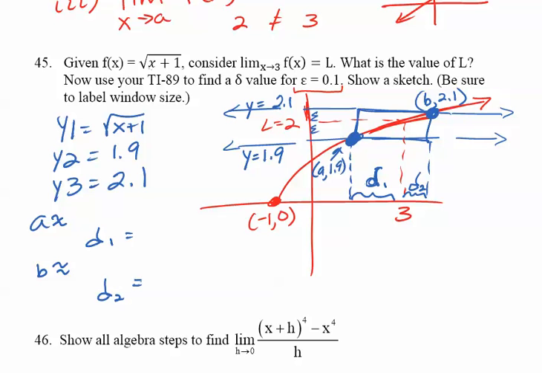So you could get your problem set up here so that you're ready to find it on your calculator. Remember that you're going to want to experiment with your window so that you have a nice zoomed-in view. You know that you want to be close to this point that is at 3 comma 2.